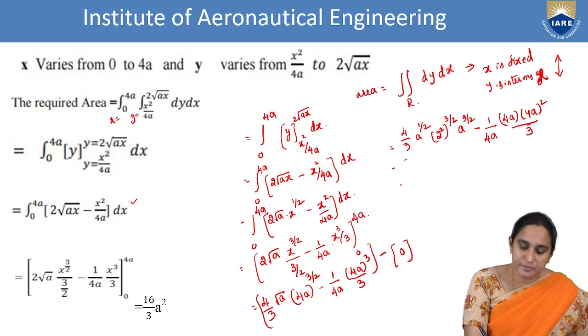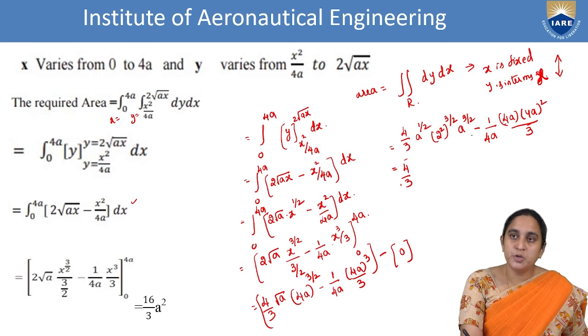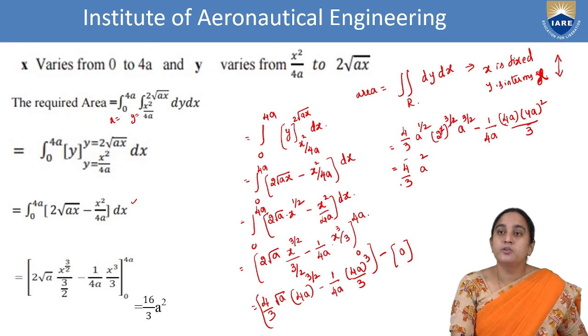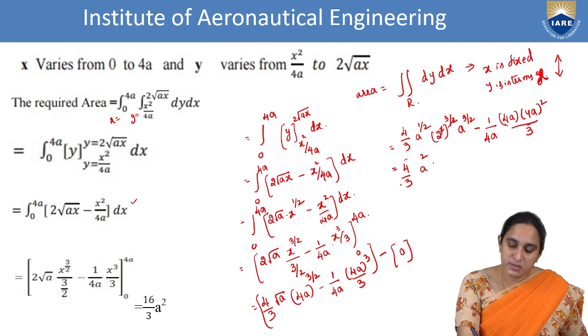From that, 4 by 3 into a power 1 by 2 into a power 3 by 2. Bases are equal, so you add the powers: a power 1 by 2 plus 3 by 2 is a square. And here the 2s cancel. 2 cube is 8.